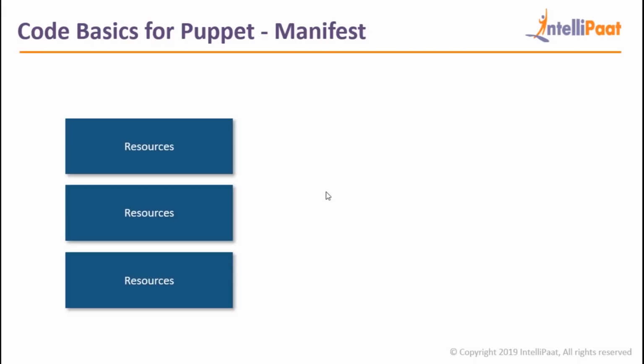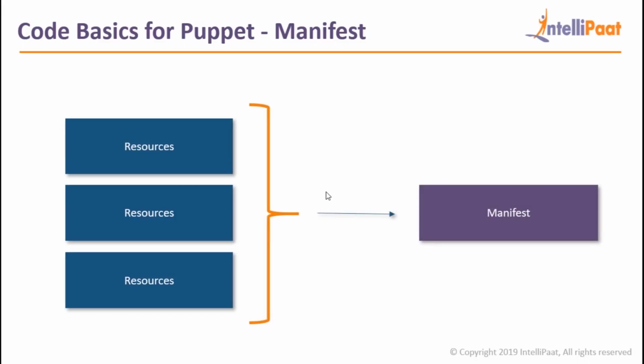All right, moving forward now guys, when you combine a bunch of resources, of course when you're dealing with an agent, it's not just one resource that you will install. You could be installing hundreds or thousands of resources together, right? So all these resources combined have to be one entity, otherwise you'll have to define each and every resource separately, probably in a separate file. So to solve that problem, we come up with something called manifests.